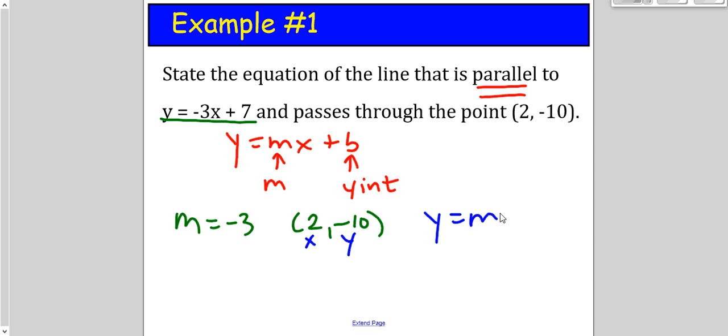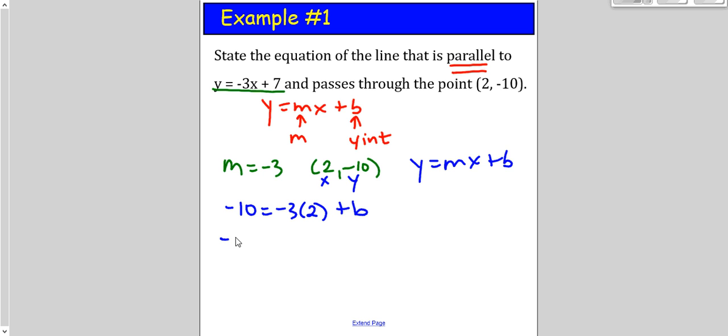Any coordinate point that's given to you has an x value and a y value. So if I plug in all that information, this -3 goes into the m, this 2 goes where my x is, and this y goes where my y is. Then the only thing I would have left is b, and I could solve for that y-intercept, because that's the other piece of information we need. So -10, I'm replacing my y with -10, equals m, which is -3, times x, which is 2, plus b.